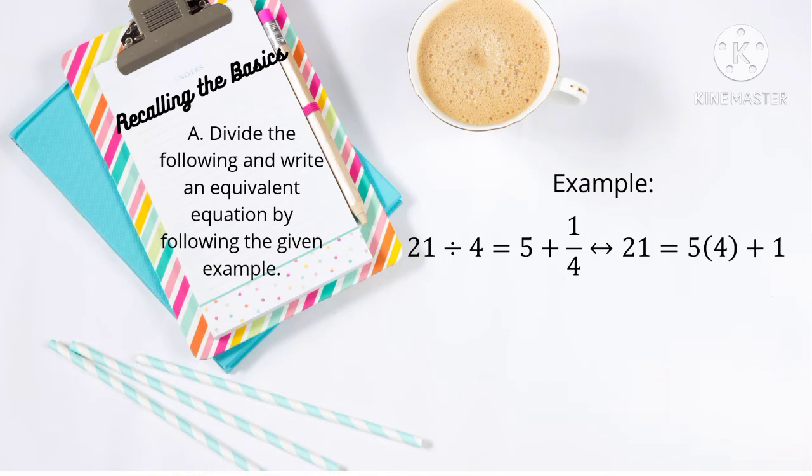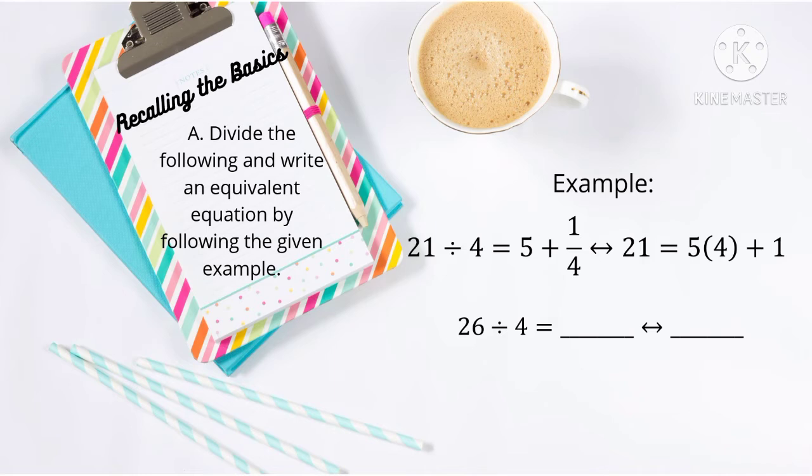So, we also have an example, 26 divided by 4. Unsa man ang dividend ani, unsa ang divisor, unsa atong quotient, and remainder. So, let's find out. Ikaduhang example, we also have 11 divided by 3.